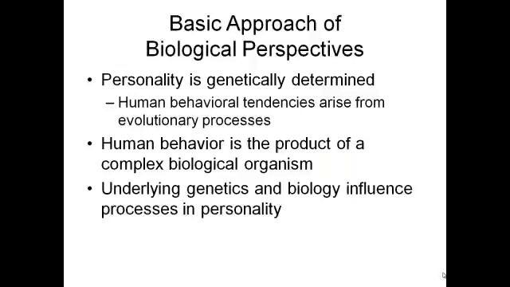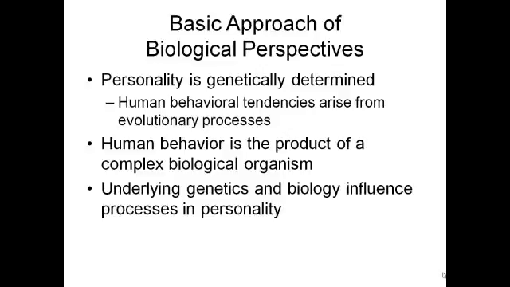So let's talk about this basic approach. For the first aspect of it, particularly when we're talking about genetics, the idea is that personality is genetically determined, and that who we are as a person, not just physically but also our personality, is based on biology.